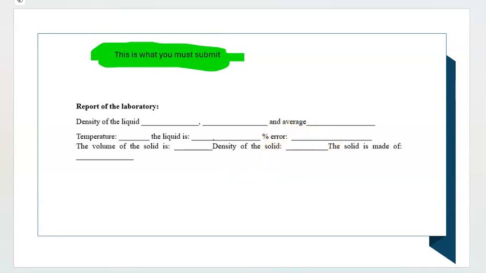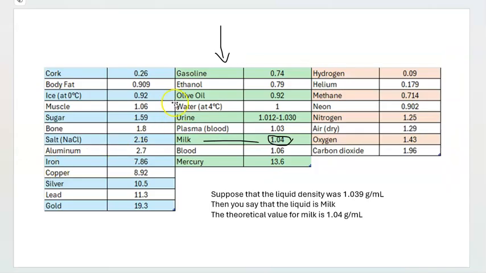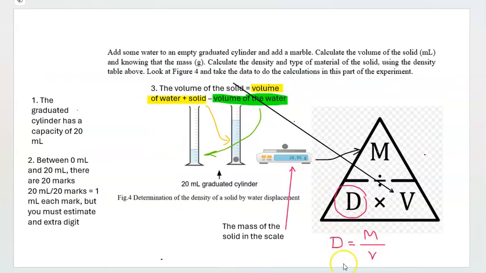Knowing this, you go to the table again and you will say according with this value, the solid will be corn, body fat, ice, muscle, sugar, bone, salt, aluminum, iron, copper, any one of these, according with the result that you get in this formula.